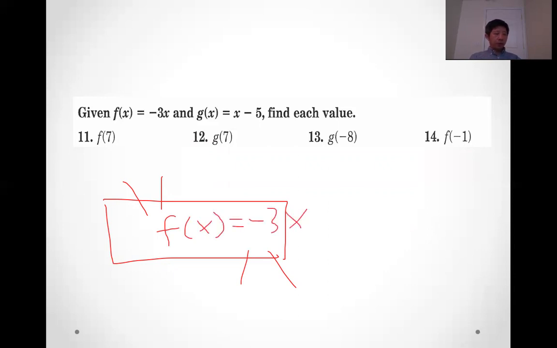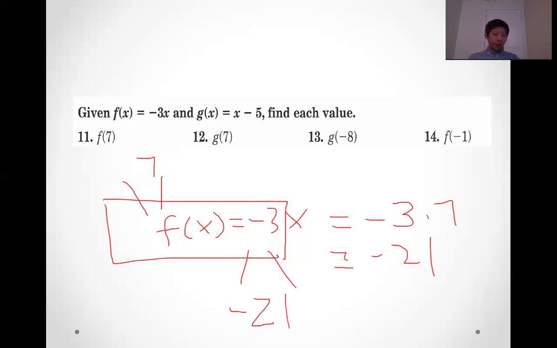That's the rule. So I put in 7 there, which is equal to negative 3 times 7. The answer will be negative 21, all right? So the output is negative 21, right?